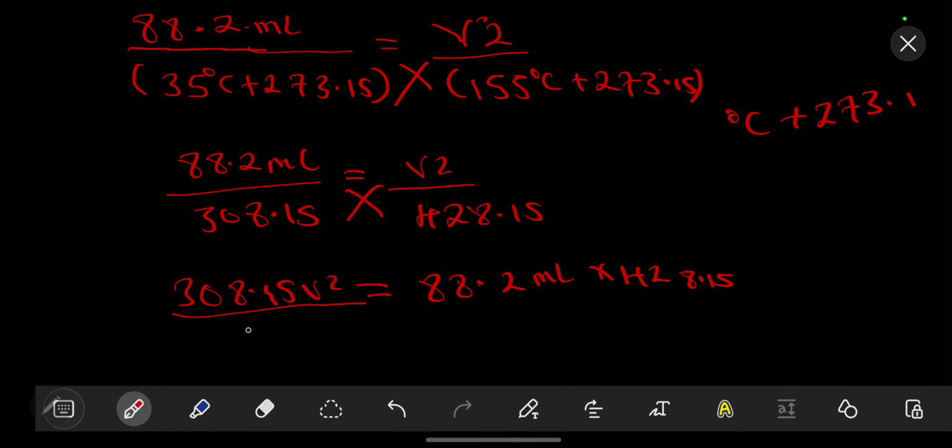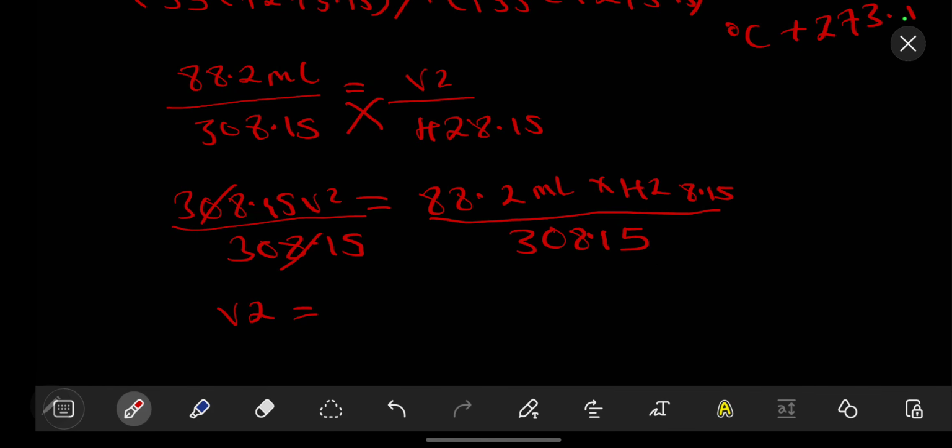We divide by 308.15. When we divide this, we are going to get 122.55 milliliters.